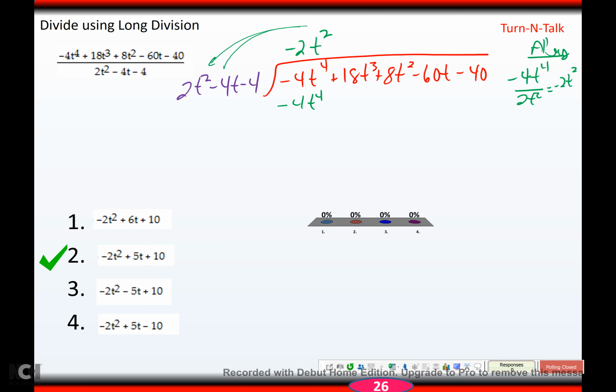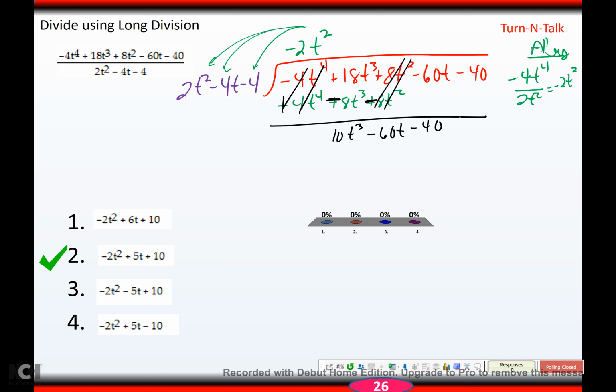Negative 2t squared times negative 4t is positive 8t cubed. Negative 2t squared times negative 4 is positive 8t squared. When I draw the line, I have to change all signs, and the 4th degrees cancel. 18t cubed take away 8t cubed is 10t cubed. Oh, Merry Christmas. The squares cancel. Minus 60t minus 40.